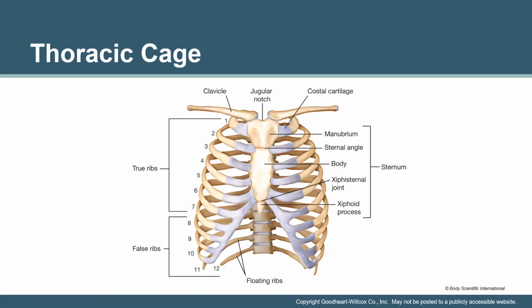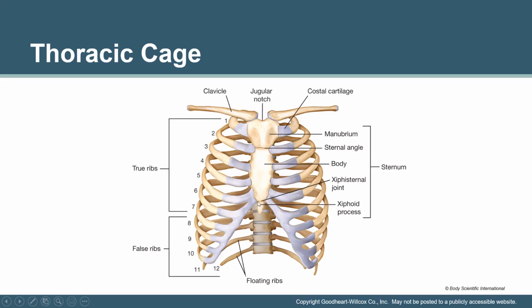At the very top in the manubrium, we have this little notch, and you can probably see it on yourself if you look in the mirror at the bottom of your throat. It's the jugular notch, which will be at the top of that manubrium. Where the manubrium joins the body is called the sternal angle, right in this area.